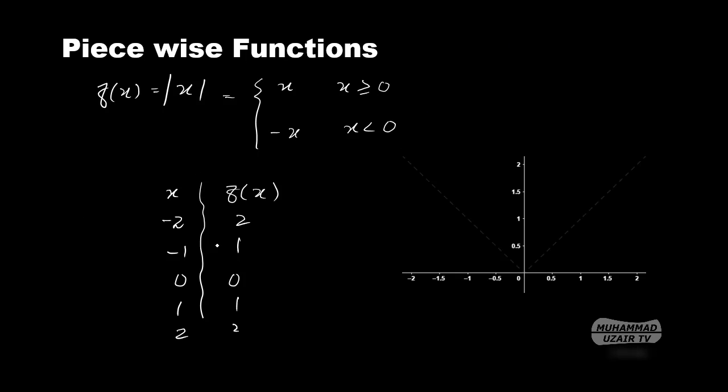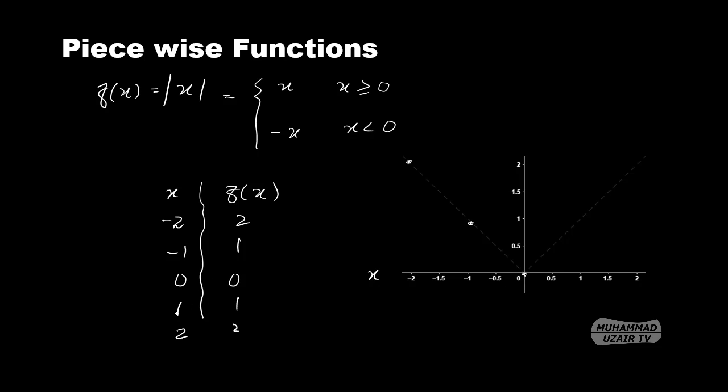So for x equal to minus 2, this is the x-axis, we will get 2. For x equal to minus 1, we will get 1, so this point. For x equal to 0 we will get 0, so this point.